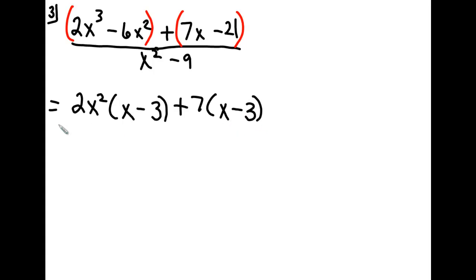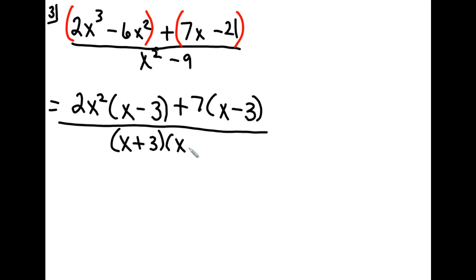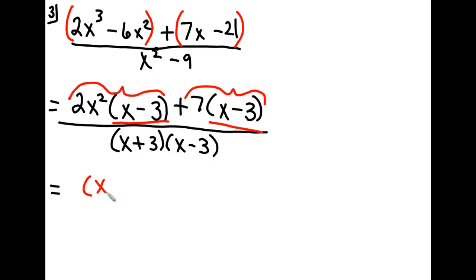In the second grouping, I could pull out a 7, and that also leaves me x minus 3. On the bottom, x squared minus 9 is a difference of 2 squares. It's 2 terms. So that is x plus 3 times x minus 3. Now I'm not done yet. I still haven't completely factored. Notice there is something in common between this term and this term. Both of those terms have an x minus 3, so that pulls out.